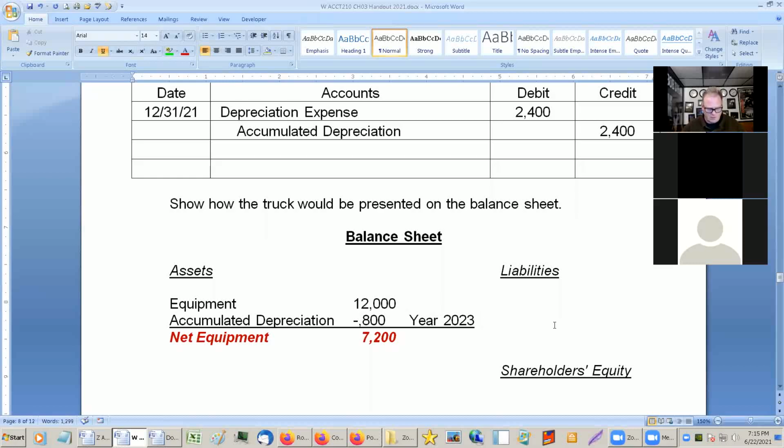So this would be 7,200, right? They switch spots. This would be 4,800. And just keep going down there until you get to the end of year 5, which would be 2024. It'll look like this. And at that point, they probably dispose of it.